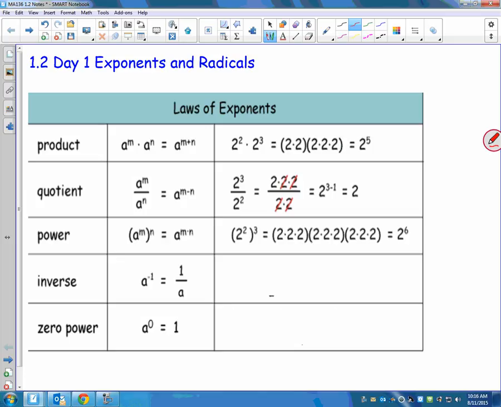And again, I think it makes more sense if you actually write it out. If you have 2 squared to the third, that's not even right. Right? That should say 2's. I didn't write that, I stole it from Google.